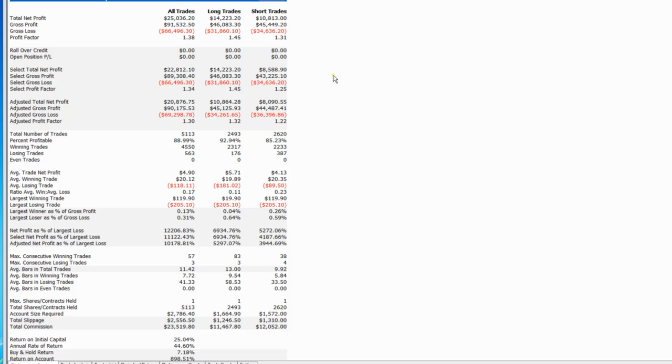So to go through the results, you see that yes, there's profit, but you do take a fair amount of losses. To make 25, you've got to have 90,000 in gains with 66,000 in losses. Losses are part of it. It's a strategy game.